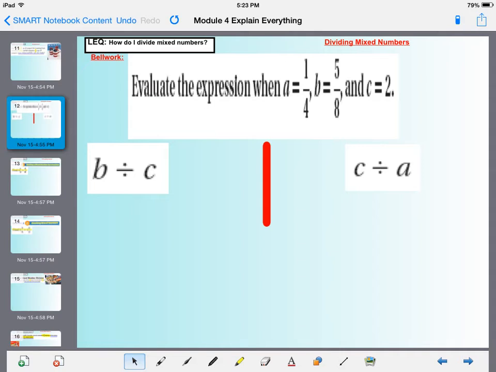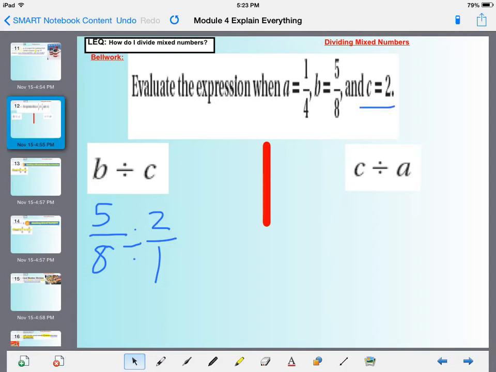So now we can easily do this. B is equal to 5/8, so we're going to go ahead and replace or plug in or substitute 5/8 for B. That is divided by C, and C is 2, and I can see that up here.